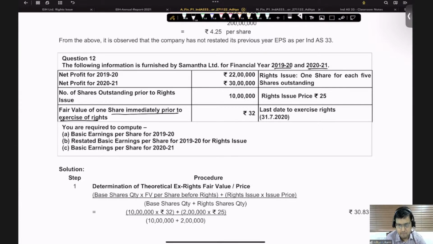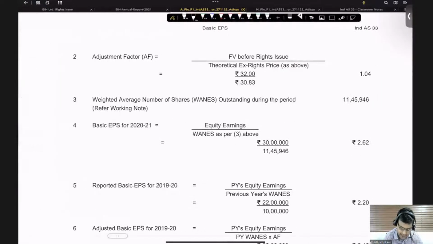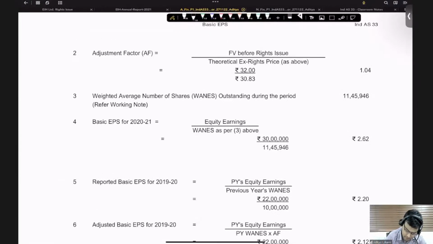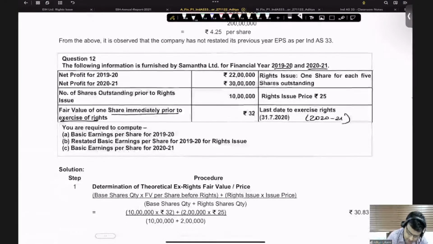Sir, when is the rights issue happening? The rights issue is happening on 31st July 2020. That means this is 2020, 2021. So can I calculate my basic EPS for 1920? Very simple. 22 lakhs divided by 10 lakhs.